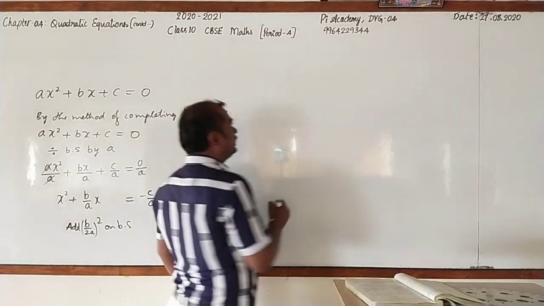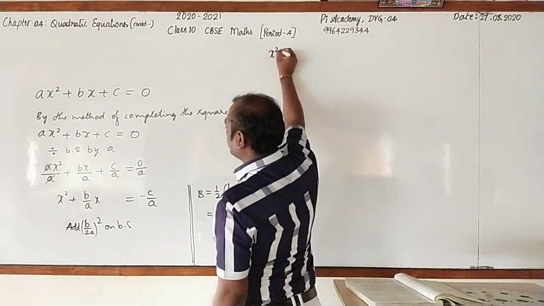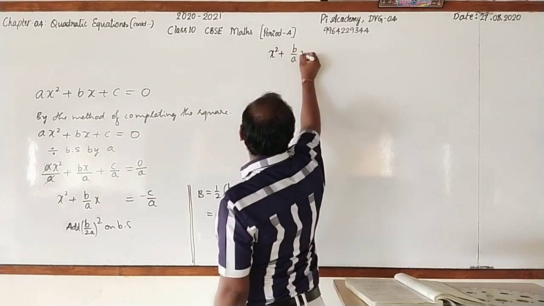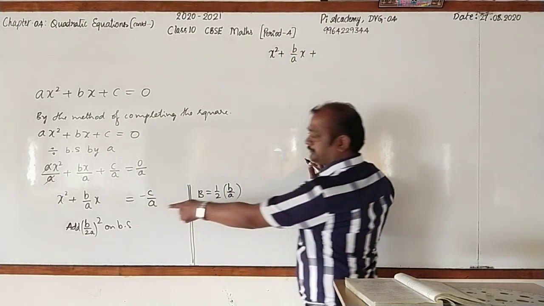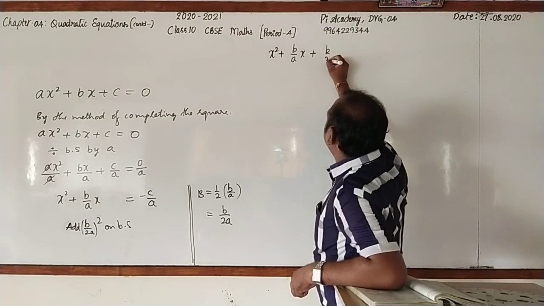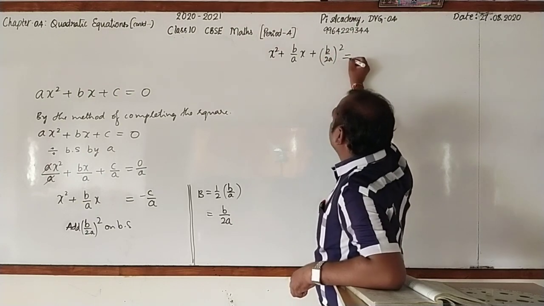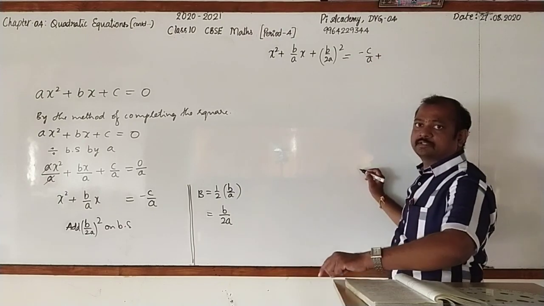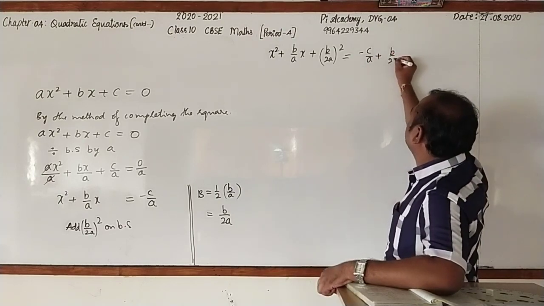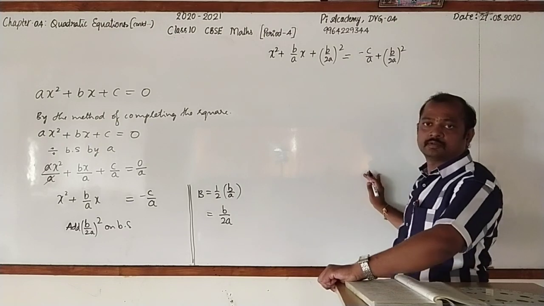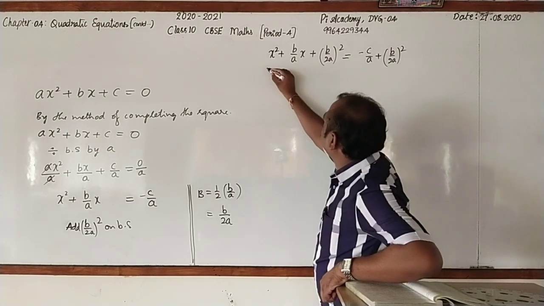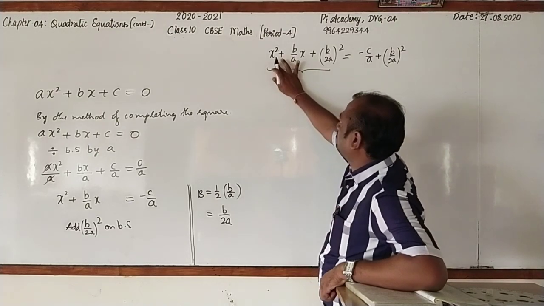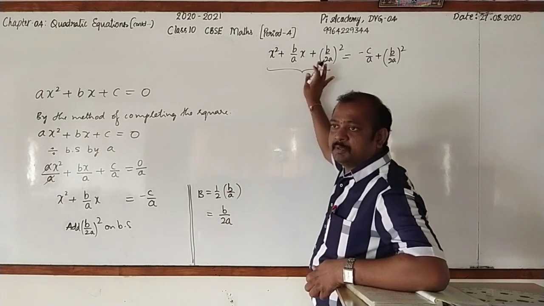Then we can write the statement as x square plus b by a into x plus b by 2a whole square. RHS side: minus c by a plus b by 2a whole square. Clear? Now this is of the form a square plus 2ab plus b square.